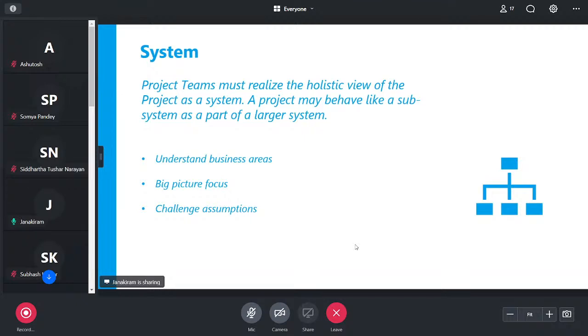Now, that is not considered a good practice anymore. The teams are encouraged to challenge the status quo. They are asked to question why we are doing it this way when we don't find it efficient. Seek external review, right? Sometimes the third eye helps in what we are delivering. So that's a good practice. This principle helps there.